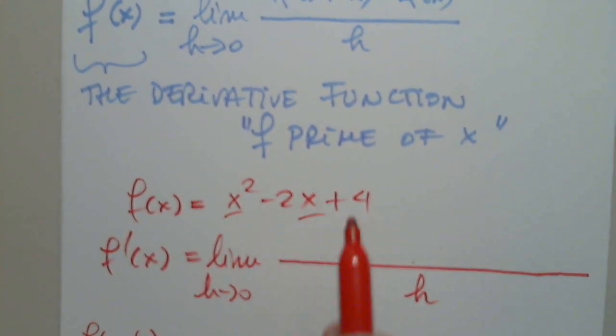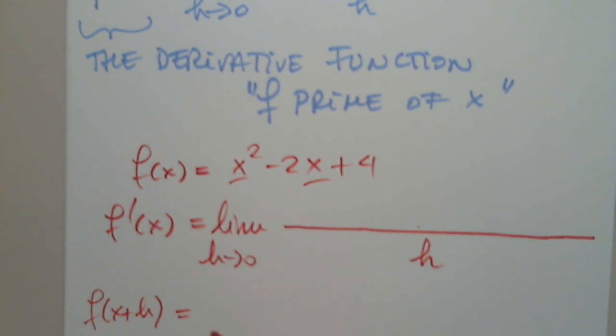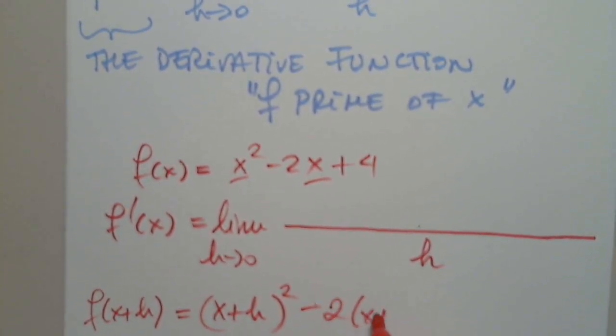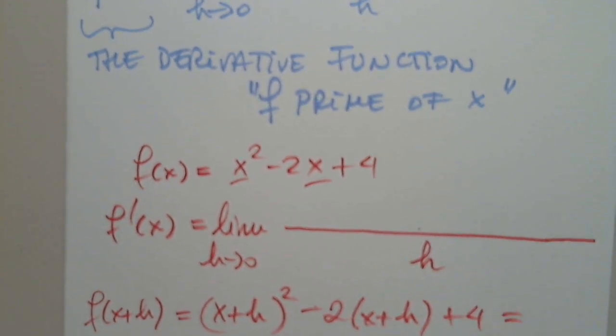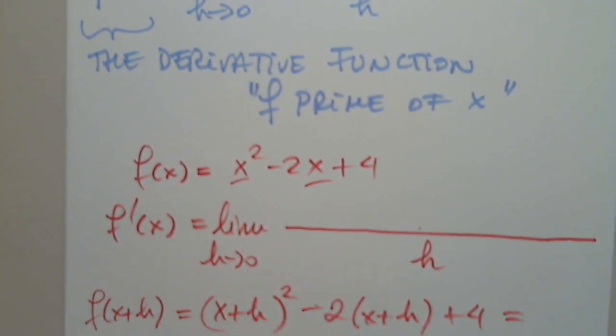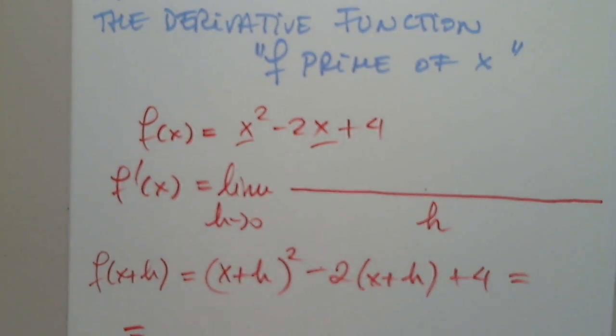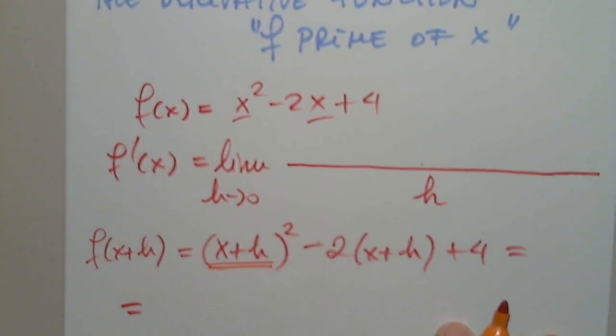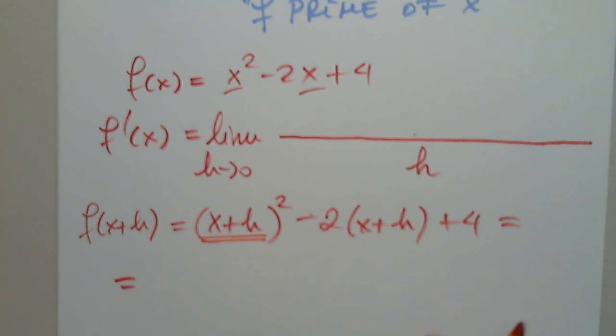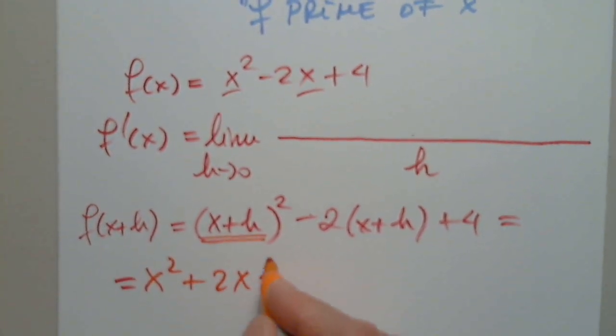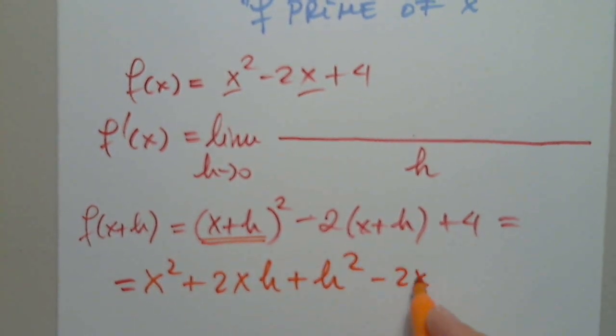I plug in x plus h here and here. Can anyone expand x plus h squared for us, please? x squared plus 2xh plus h squared. Thank you very much.